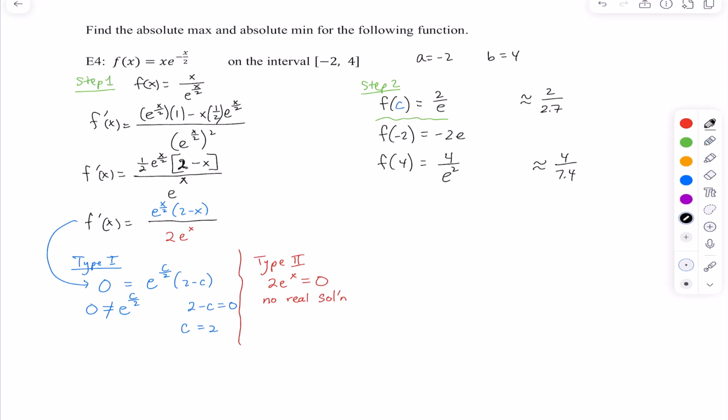And we're ready to state our conclusions. So our last step here, our last procedure, we want to say something like, at x equals 2, the absolute max for the function is 2 over e.